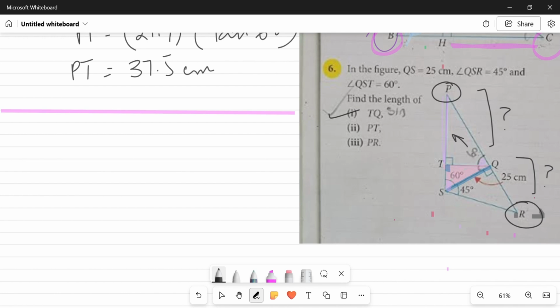First, in triangle 1, we didn't find PQ. So how are we going to find PQ? Let's check what is given in the right-angle triangle. First, we have angle 60.